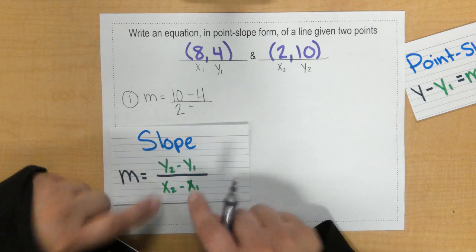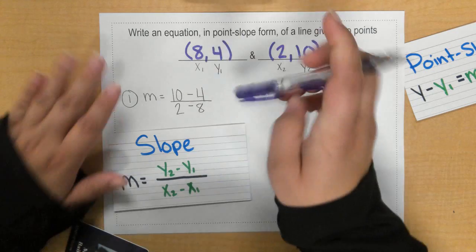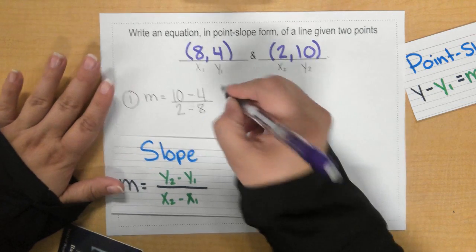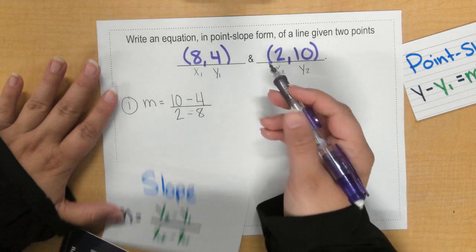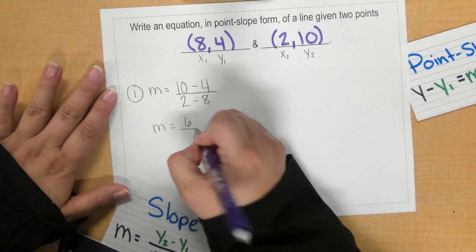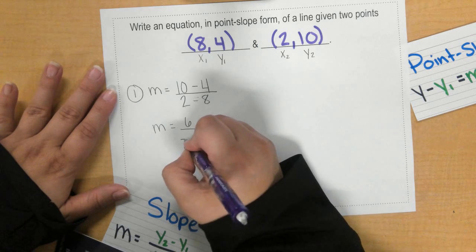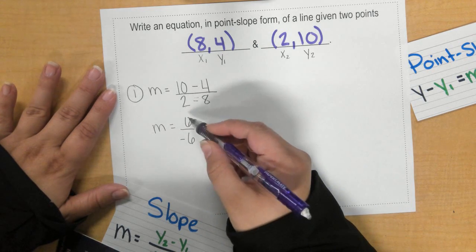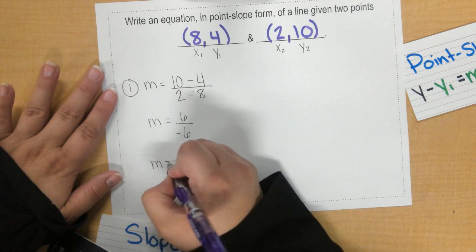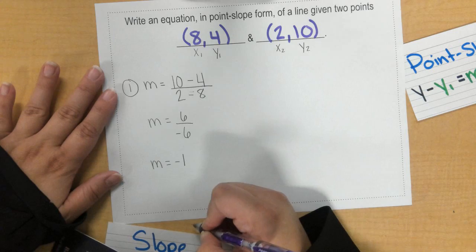And then x1 is 8. Okay, so if I simplify this, 10 minus 4, we get 6, and 2 minus 8, we get negative 6. If we divide these or simplify this, this means that m is negative 1.